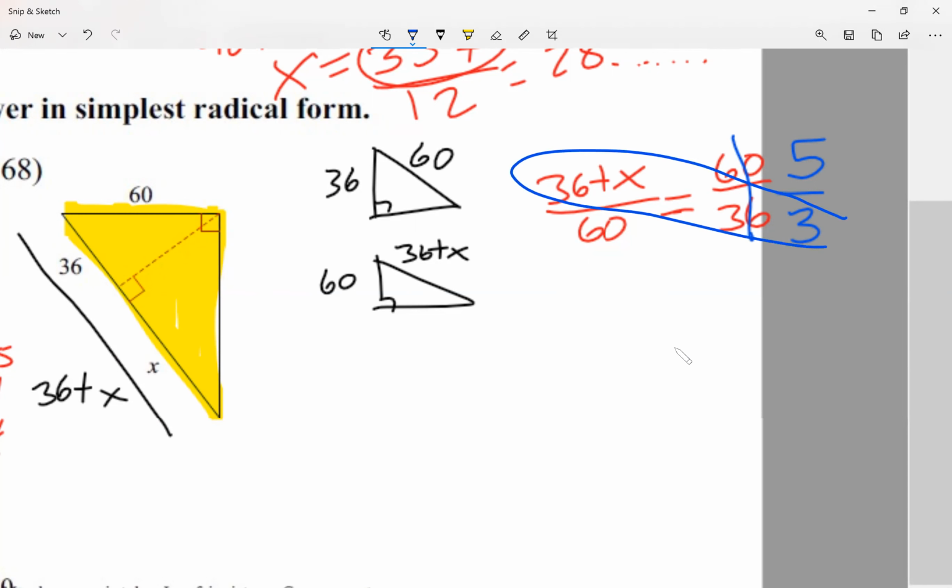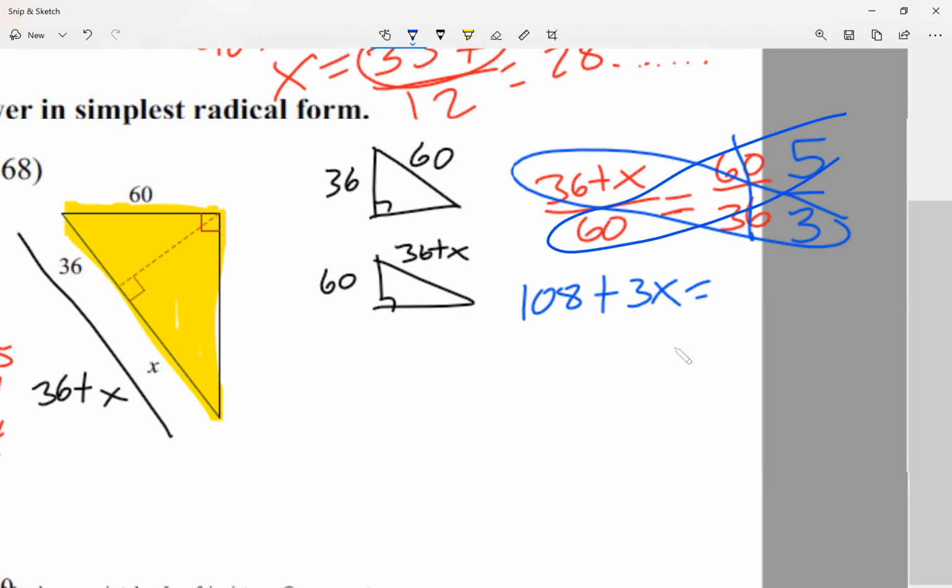Okay. Now this way, I have to multiply the 3: 3 times 36, and then 3 times x. So that's going to give me 108 plus 3x. So remember, I went 3 times 36 and then 3 times x. And then this other way, 60 times 5 is 300. Okay, to get the 3x by itself, I'm going to get rid of the 108, move it to the other side as a minus 108.